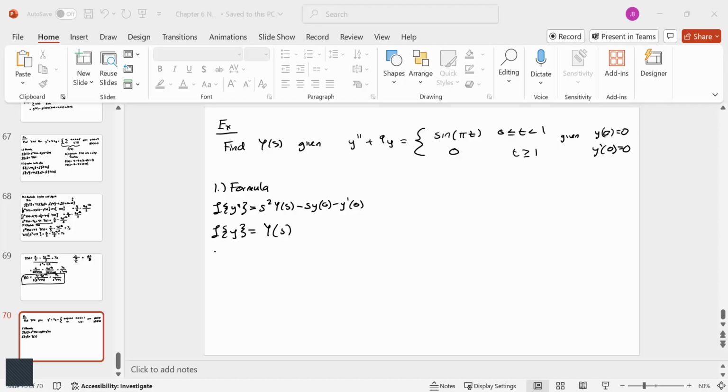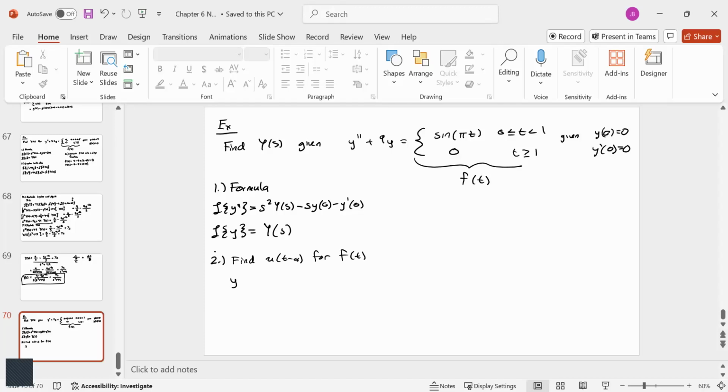Step 2. So this time I'm going to actually find the step function. So find u of t minus a for f of t. They may not label it f of t, but I will just for the sake of it. So let's find the step function version of it.